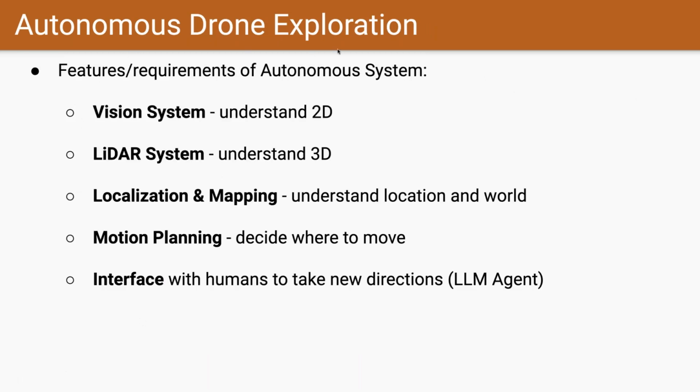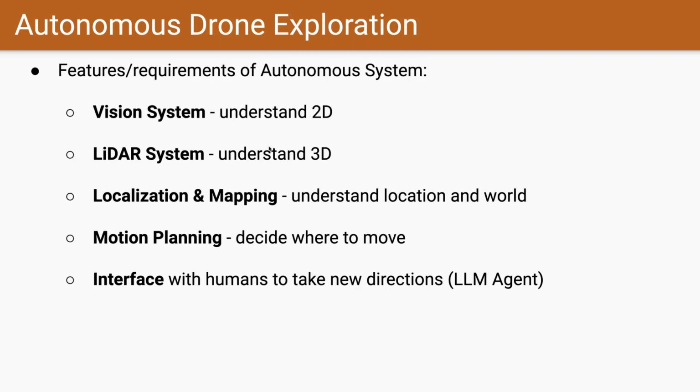In order to do this autonomous drone exploration, the features or requirements of this autonomous system are we need a vision system. So this is the ray tracing we've been doing before, but we are only going to look at it from a camera point of view. We are going to add a Lidar system, and this allows us to place objects in 3D, allowing us to figure out what the depth is.